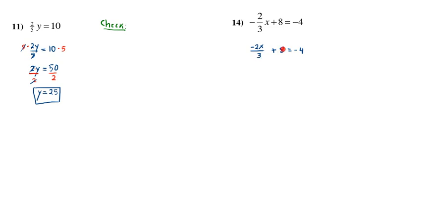So we start by removing the 8 by using the inverse that we have here, addition. So we need to use subtraction. So negative 8 on both sides. Doing the operation, that leaves us negative 12 on the right side, because negative 4 minus 8 is negative 12. And these two, they cancel down to 0, leaving only on the left side negative 2x divided by 3.